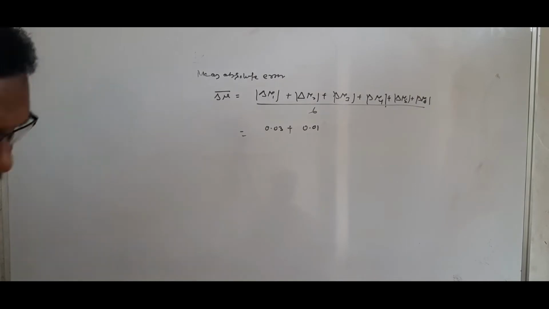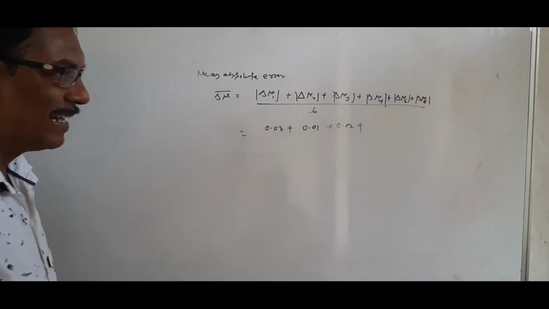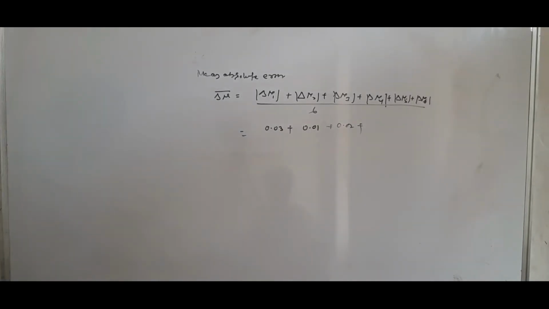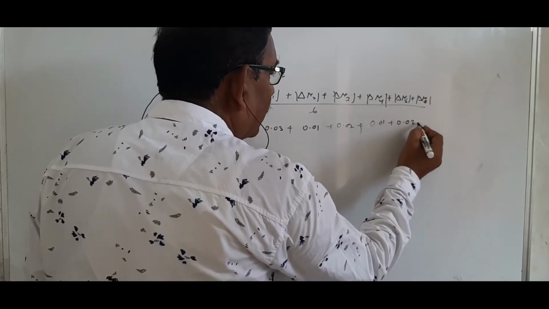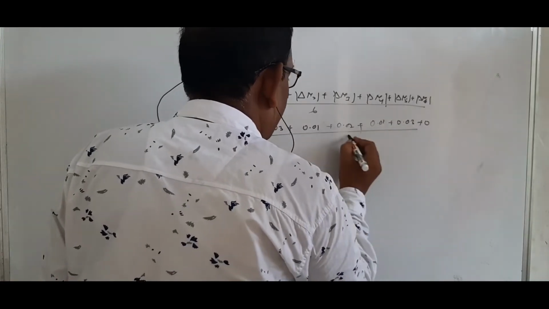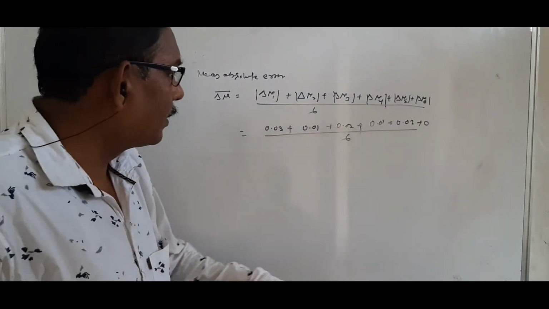Next one is 0.02, and the fourth value is now 0.01, and it is 0.03, that is your sum divided by 6. Look, here all values are positive.